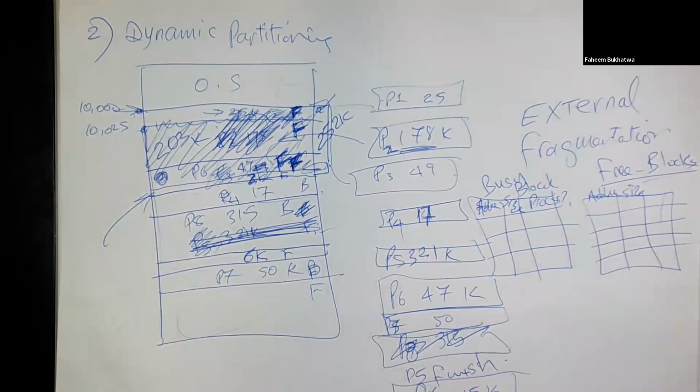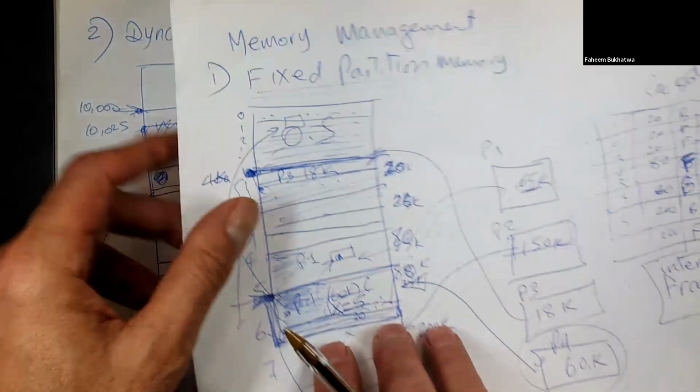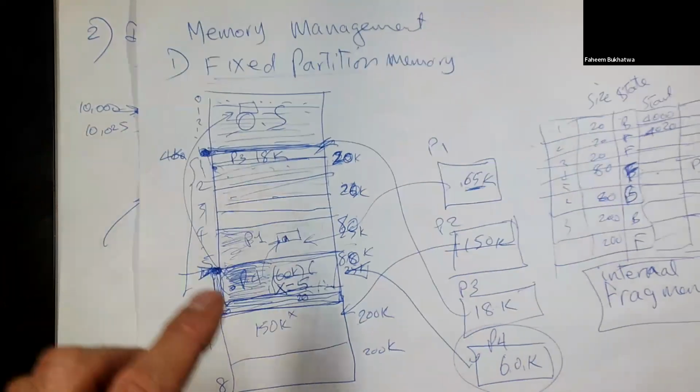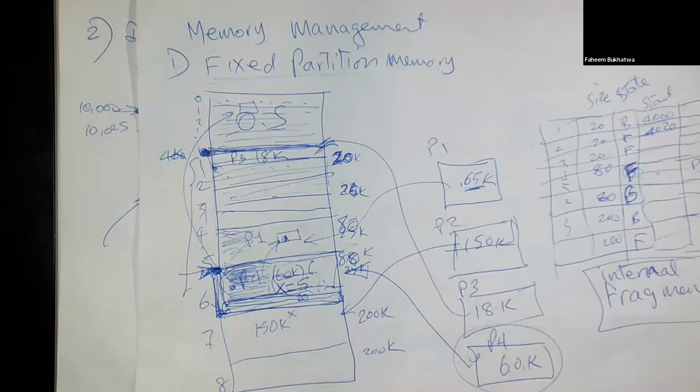So this has performed better than the fixed partitioning. The fixed partitioning is easy for programmers to program and easy to implement, but it suffers from a problem. Anybody remember what the major problem is? Internal fragmentation.